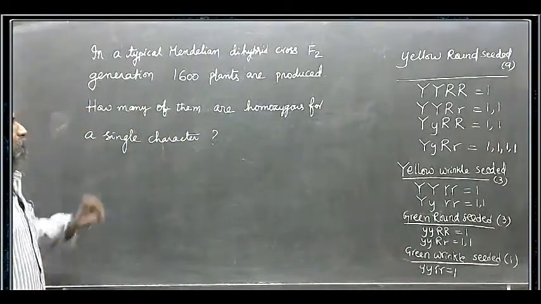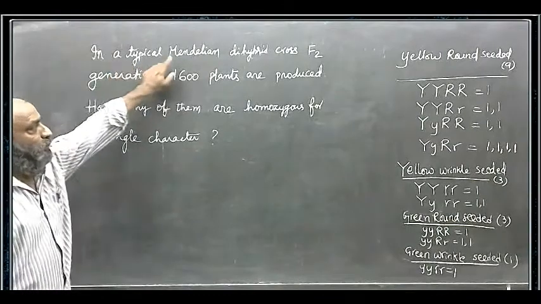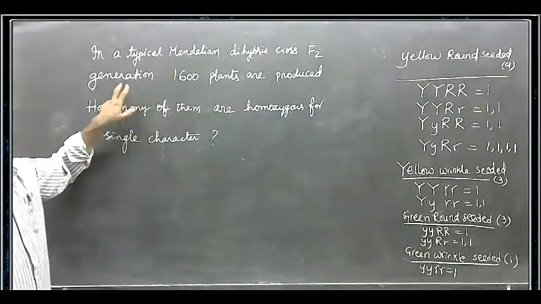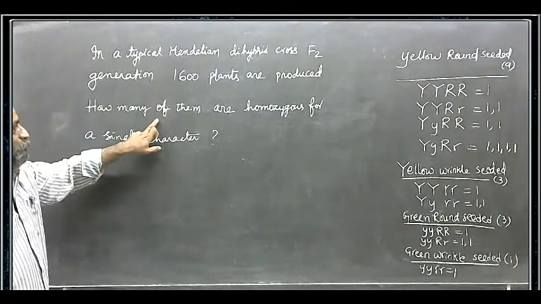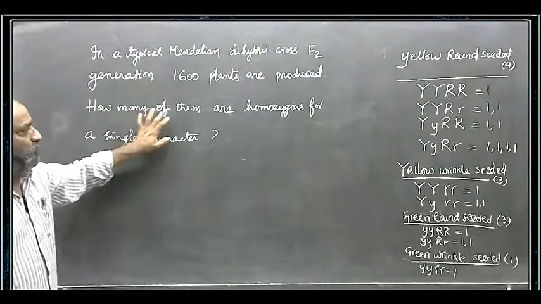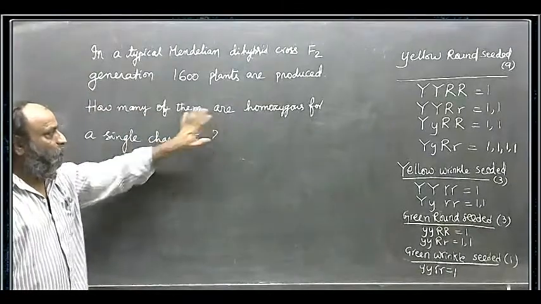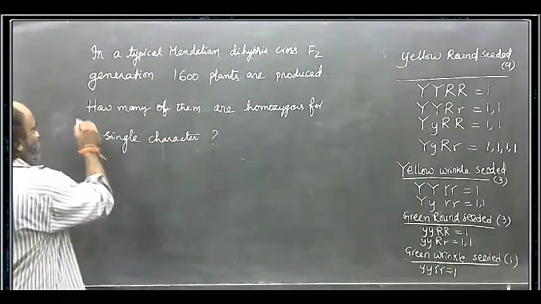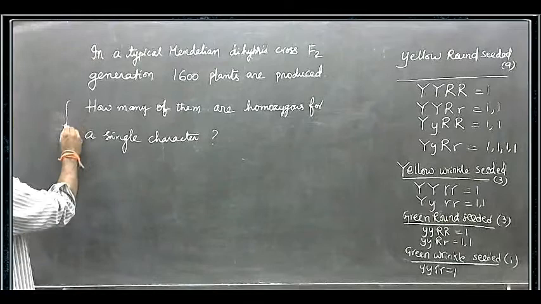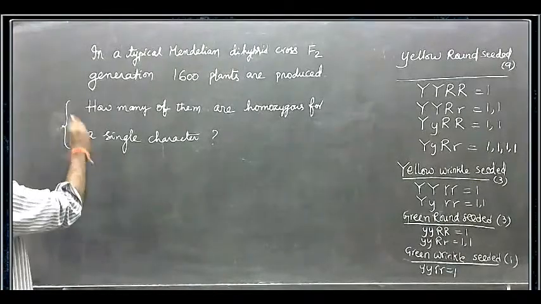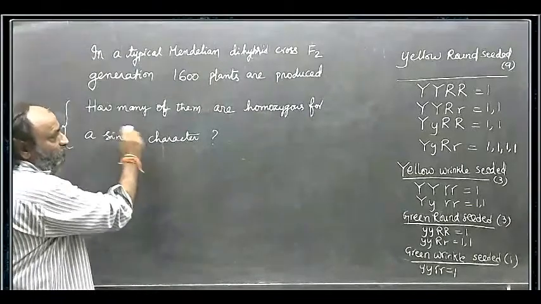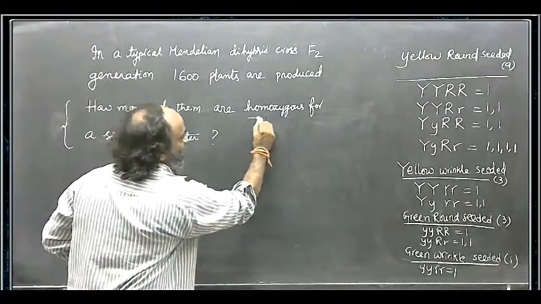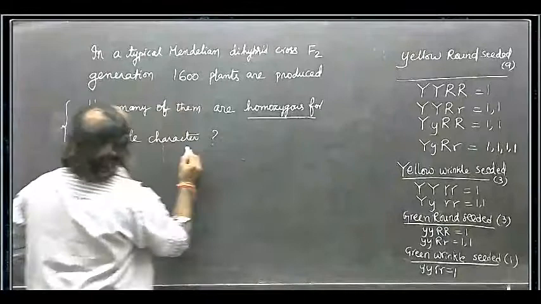Now this is the question. In a typical Mendelian dihybrid cross F2 generation, 1600 plants are produced. How many of them are homozygous for a single character? So this part of the question plays a crucial role. To read the question, how many of them are homozygous for a single character?